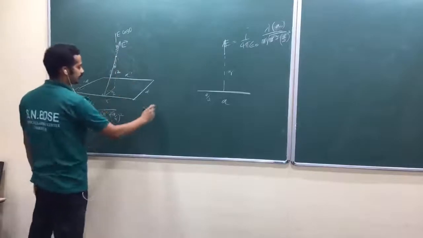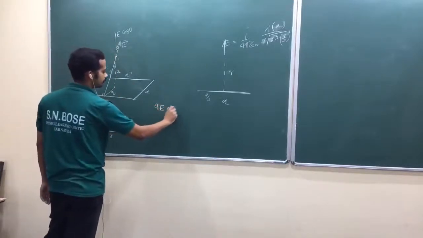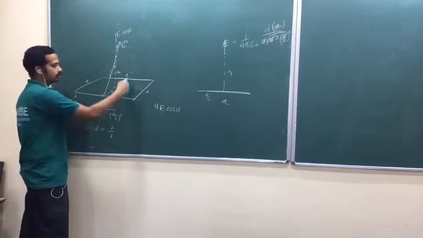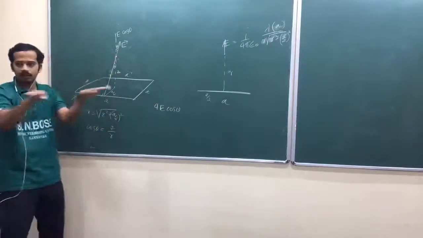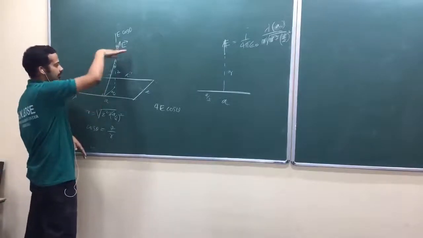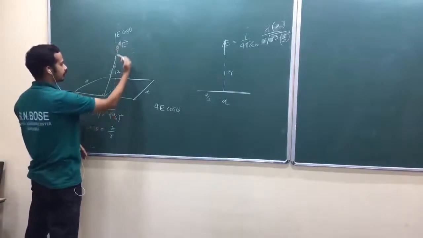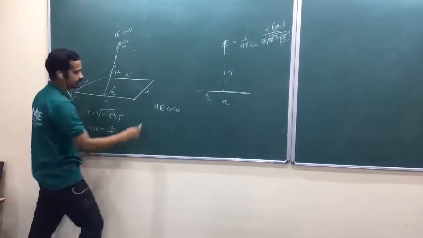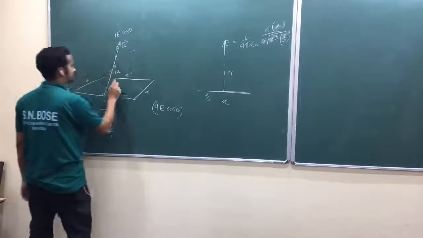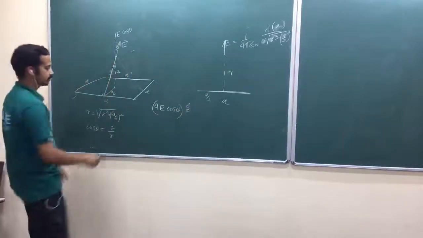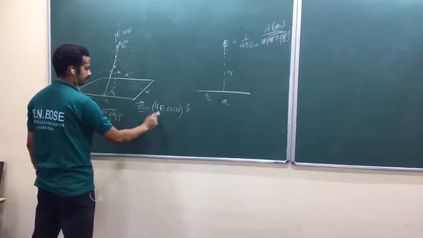Your net electric field is 4E cos theta: due to this one, 1; this one, 2E cos theta; 3E cos theta; 4E cos theta. Sin theta components are horizontal. This will produce its sin theta component like this, and this will produce a sin theta component like this. They will cancel each other out. Is that okay? 4E cos theta, taking Z vertically upward. So that's your net electric field.